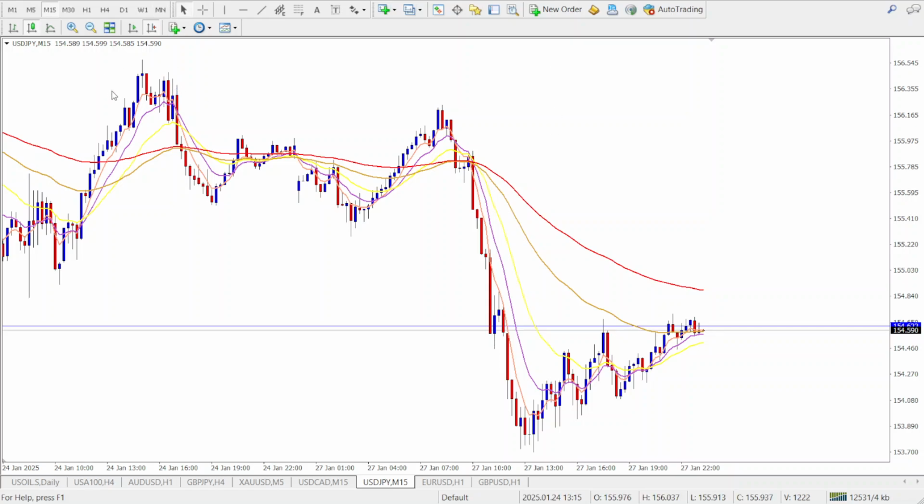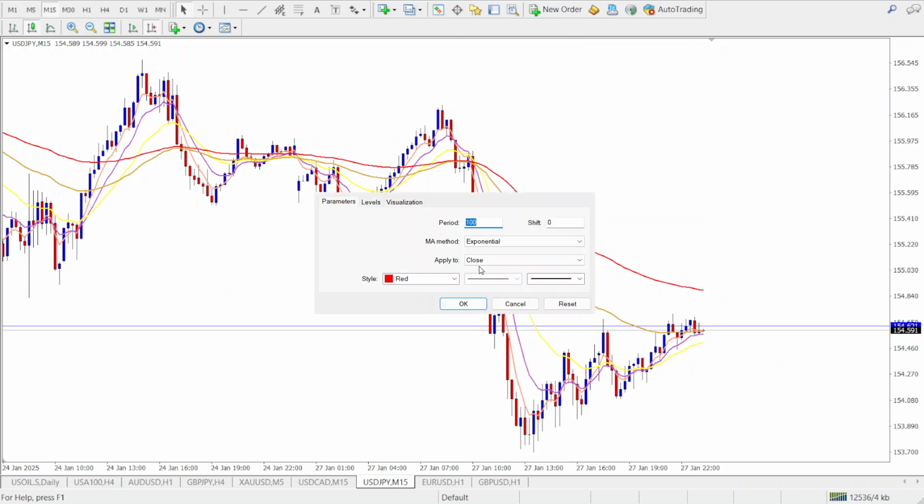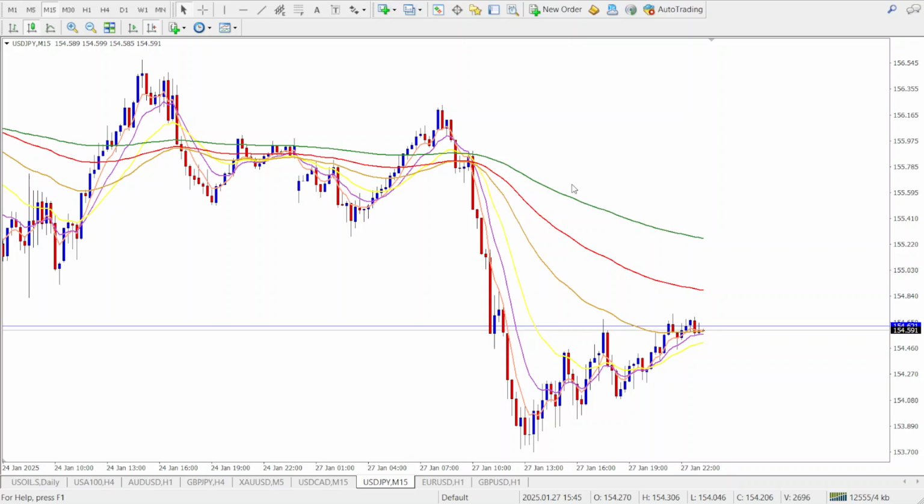And then finally, I'm going to be adding the 200-period moving average. As you can see, each of them is plotted with a different color. The colors can change from red to green or even the full spectrum depending on your preferences. Actually, you can decide to use the exact spectrum of the rainbow.